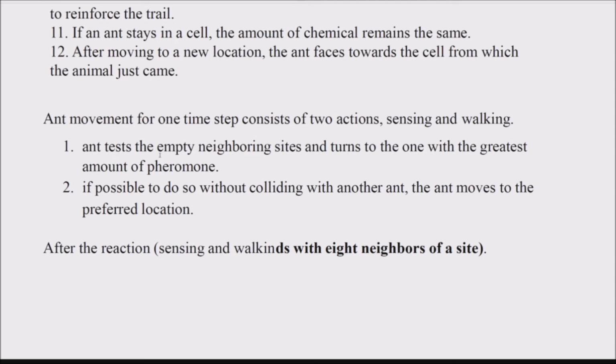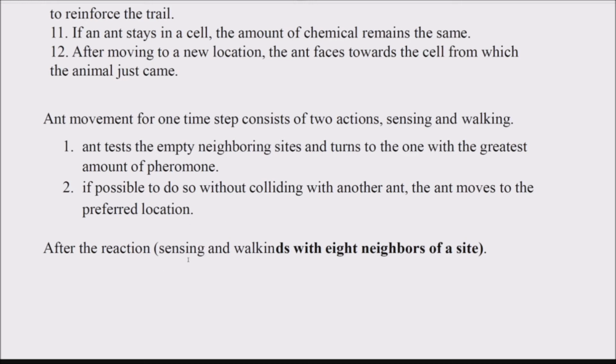The ant senses the empty neighboring sites and turns to the one with the greatest chemical. That's already, we know that. And if possible, to do so without colliding with another ant, so that means there are no ants on the neighboring site, the ant moves towards the preferred location. So the movement only happens if there are no ants occupying the cell, right?